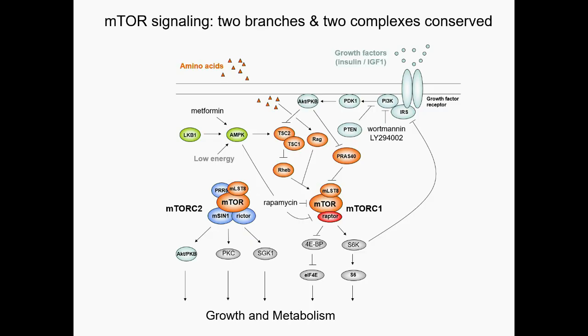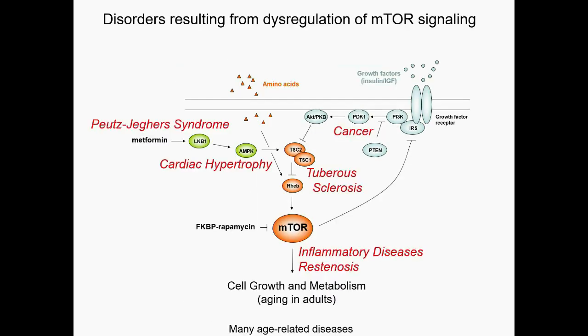Now, another rather fascinating aspect of the mTOR signaling network is the unusually large number of diseases to which mTOR has been functionally linked. And what all these diseases have in common is they're characterized by inappropriate or ectopic cell growth, again underscoring the concept that mTOR is a master regulator of cell growth.